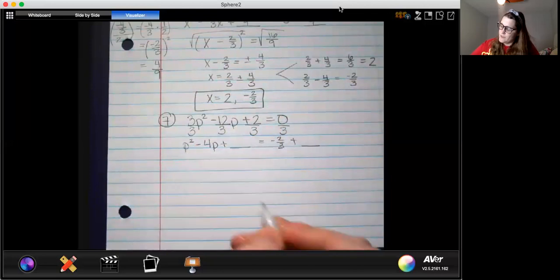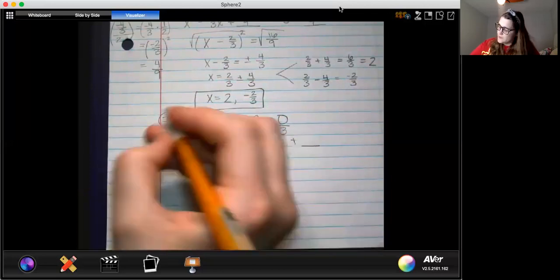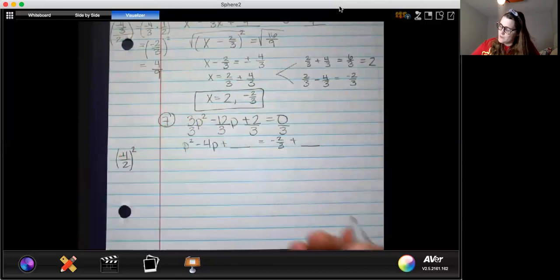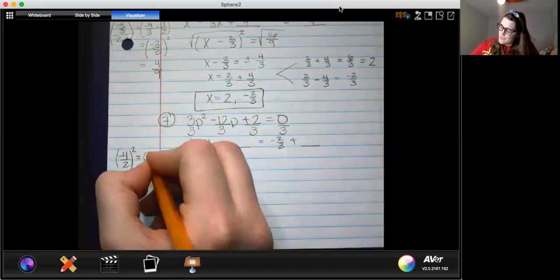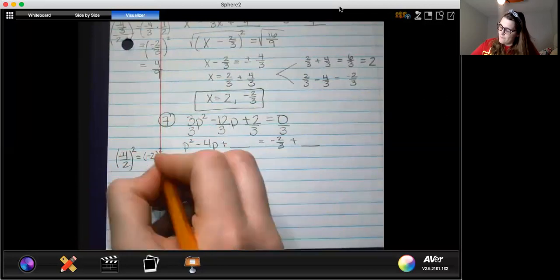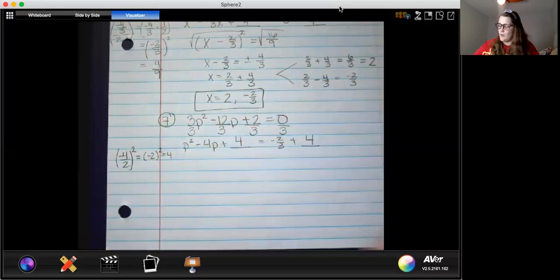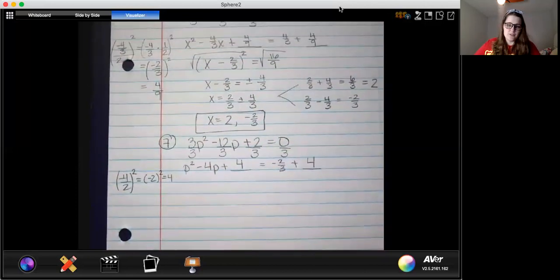Okay, then we're going to find our value. So negative 4 divided by 2 quantity squared, which would be negative 2 squared, which is 4. Okay, so good so far, not as many fractions already.